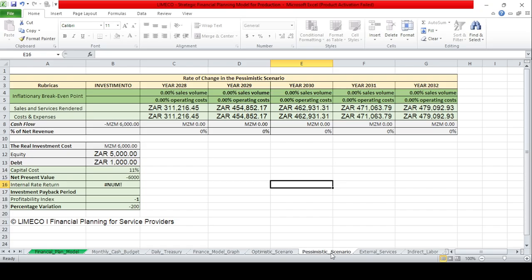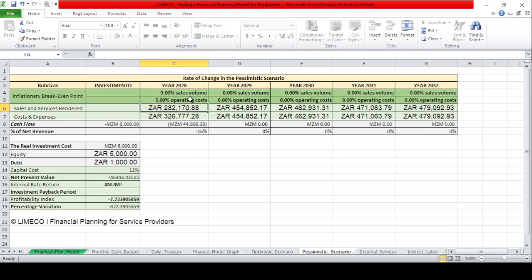The same thing we can do in the pessimistic scenario, if the sales volumes increase 9% and costs decrease 5%. What will happen to the business plan in this case? It is unviable.